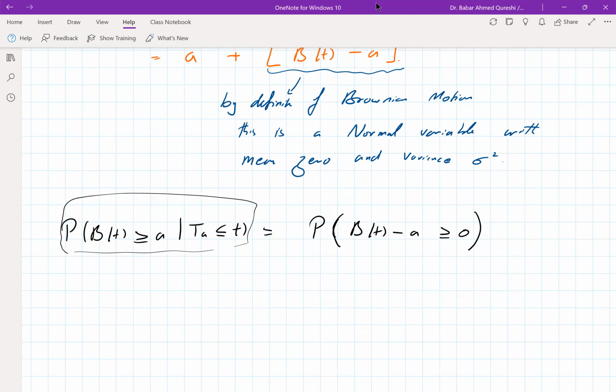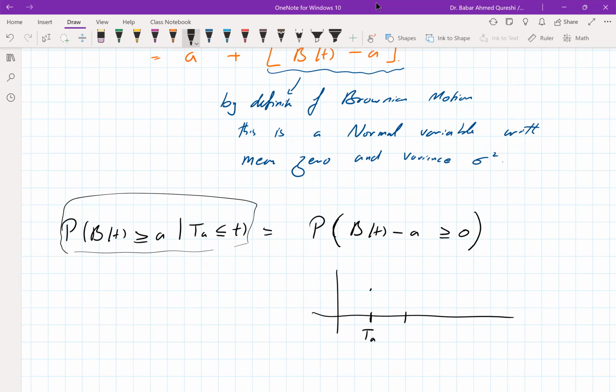So that means if I draw this, there is some time T_A where my variable for the first time had reached the value A. And then at time t, I look at what is the value.